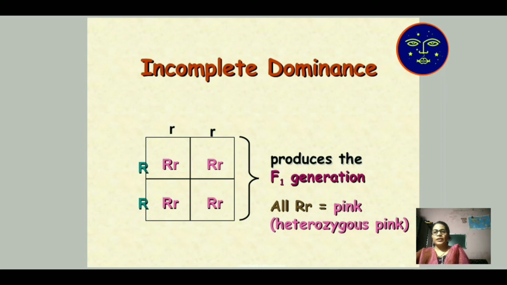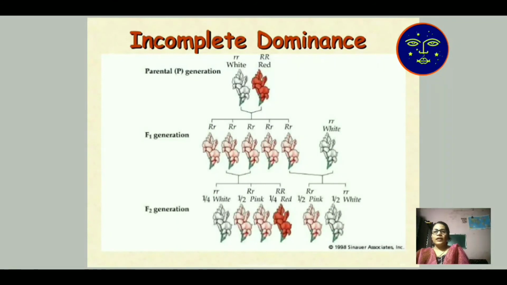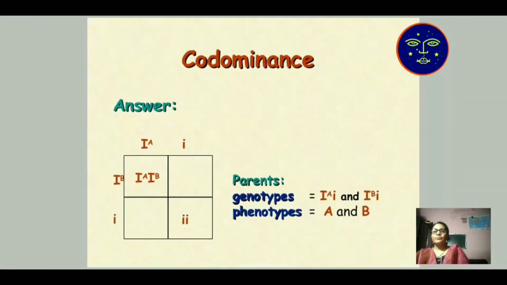In incomplete dominance, when we cross capital R with small r, the F1 generation is all capital R, small r, which is heterozygous pink. In the F1 generation all the characters are the same, whereas in the F2 generation a slightly different character appears. So this experiment is known as incomplete dominance.